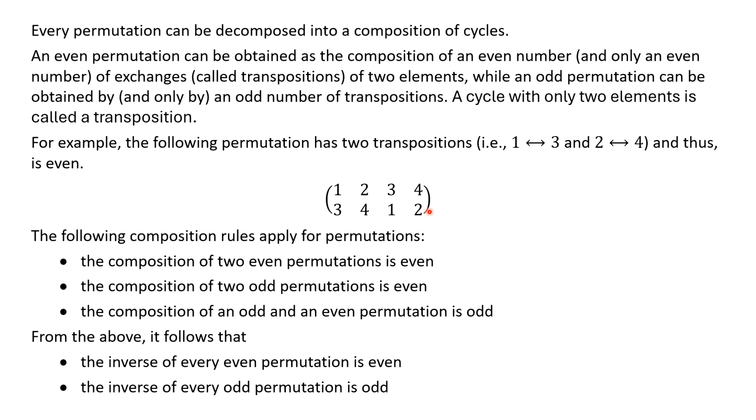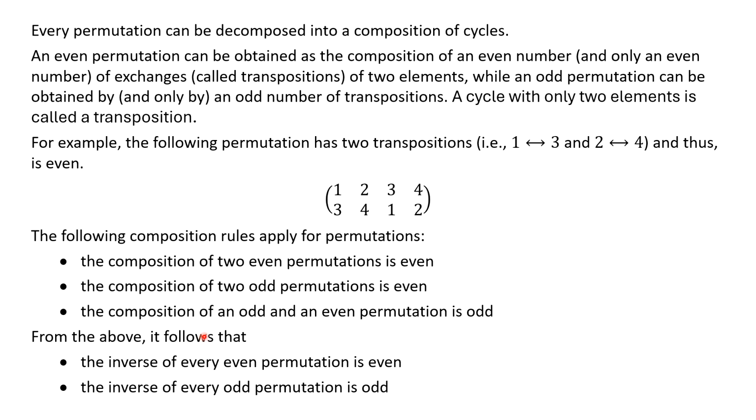Then we have some rules here. I won't prove them, but they're effectively theorems. The following composition rules apply for permutations. The composition of two even permutations is even. In other words, multiplying them together. The composition of two odd permutations is even. The composition of an odd and an even permutation is odd.